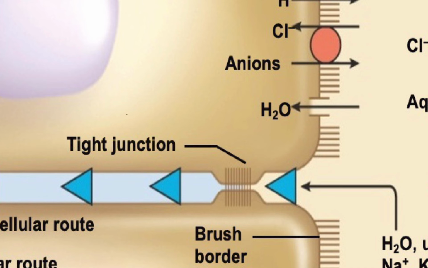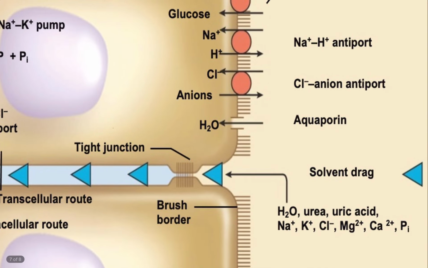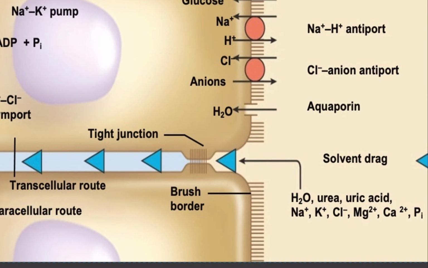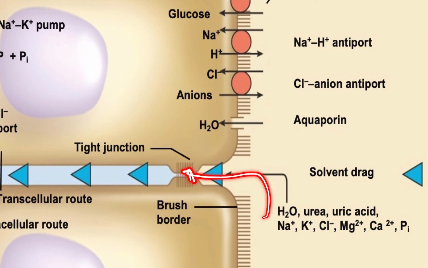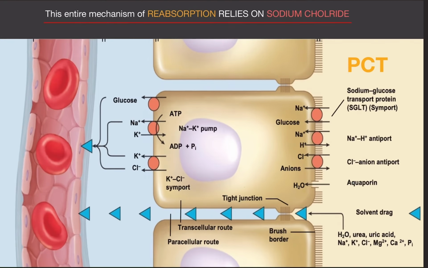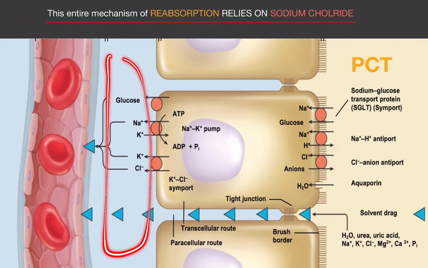It holds the cells together so they don't wander off, but it's not completely impenetrable. There's basically a hole or a center canal that very small molecules can go through. So water, urea, uric acid, and a bunch of ions can go through these tight junctions, through this little central canal, and end up here in the extracellular fluid.